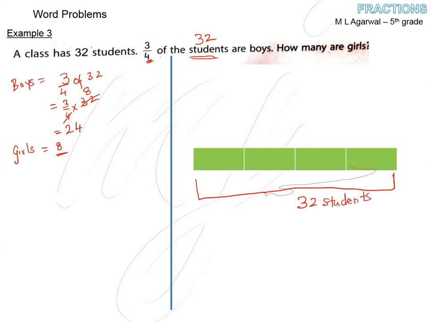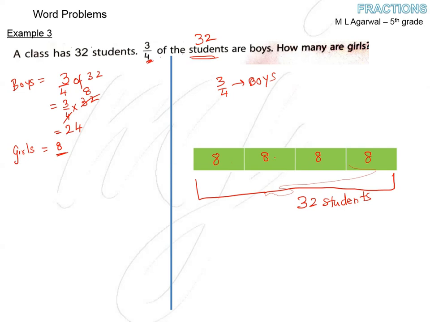So I will divide this into 4 equal parts. So how much will one part become? If I divide 32 by 4, it will become 8. Here 8, 8, 8, 8. 8 ones are 8, 8 twos are 16, 8 threes are 24, 8 fours are 32.